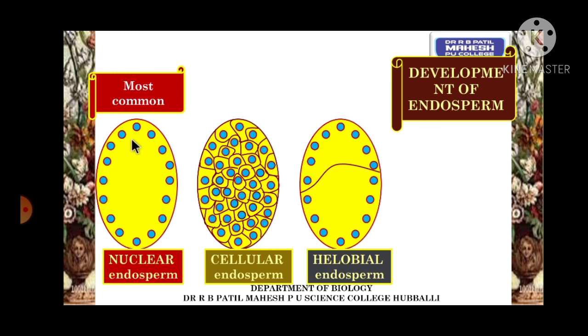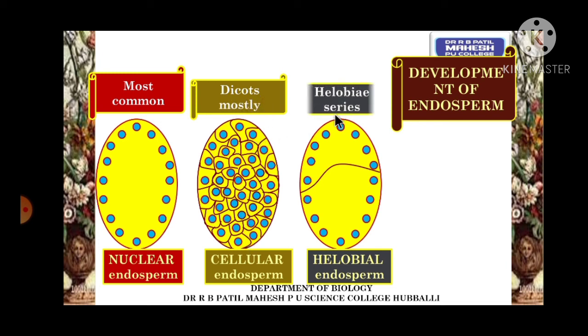Once all the nuclei are formed, there will be a centripetal mode of cell wall formation. It's said to be the most common type, whereas in cellular endosperm, each karyokinesis is followed by cytokinesis, which is seen mostly in dicot plants. Halobial type is the connecting link between these two, nuclear and cellular.